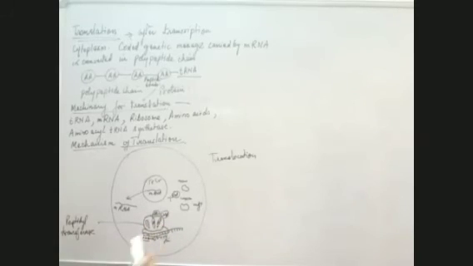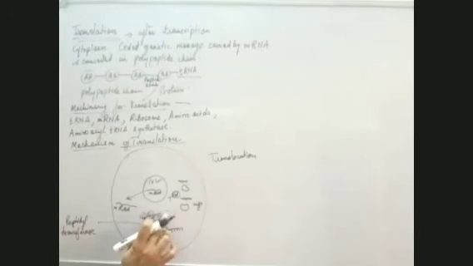A jerk takes place, and because of that translocation, this M and valine, which are connected by a peptide bond, shift on to the next site. The tRNA with M will shift here, and the tRNA carrying valine will shift to the next site, here.